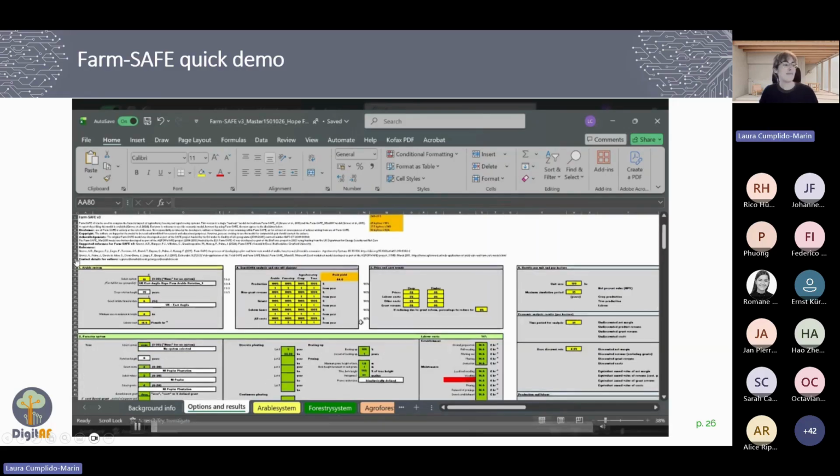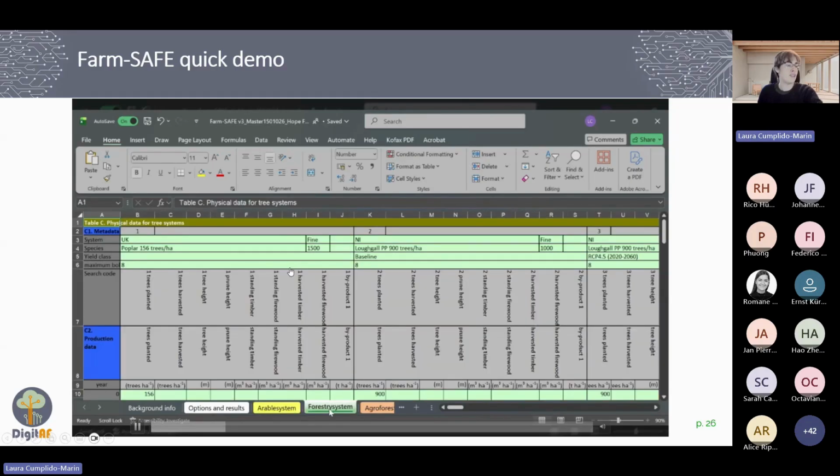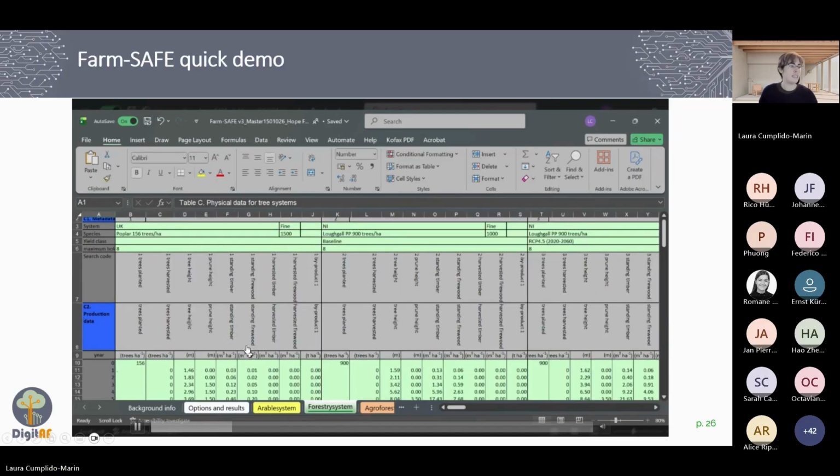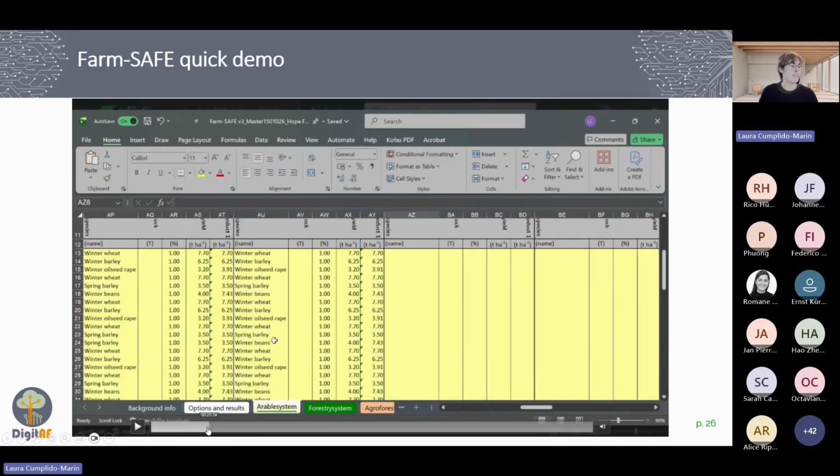So FarmSafe, as you can see, is an Excel-based model composed of a series of tabs that you can complete and move along from the first tabs to the following tabs. You start from the arable system and you complete your... sorry, it's going a bit too fast compared to what I'm saying.